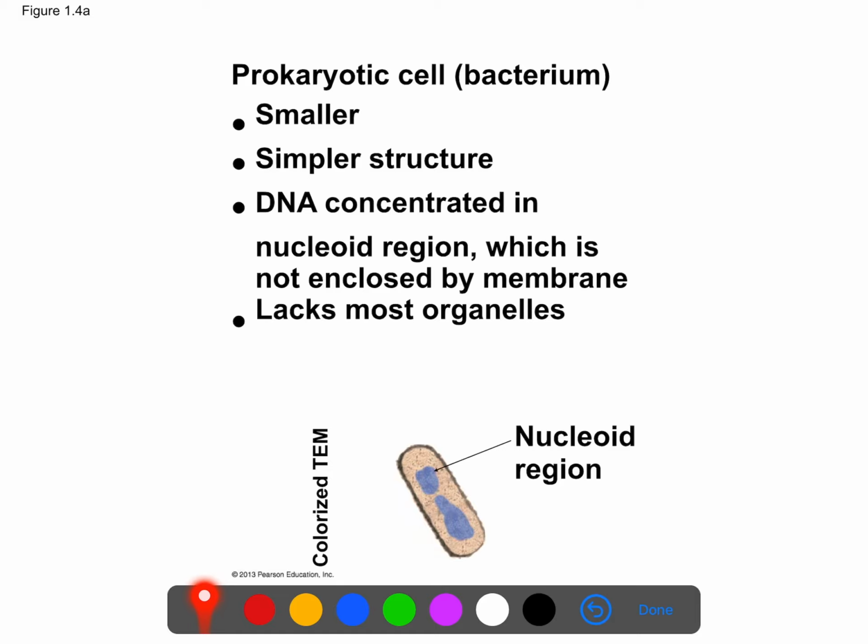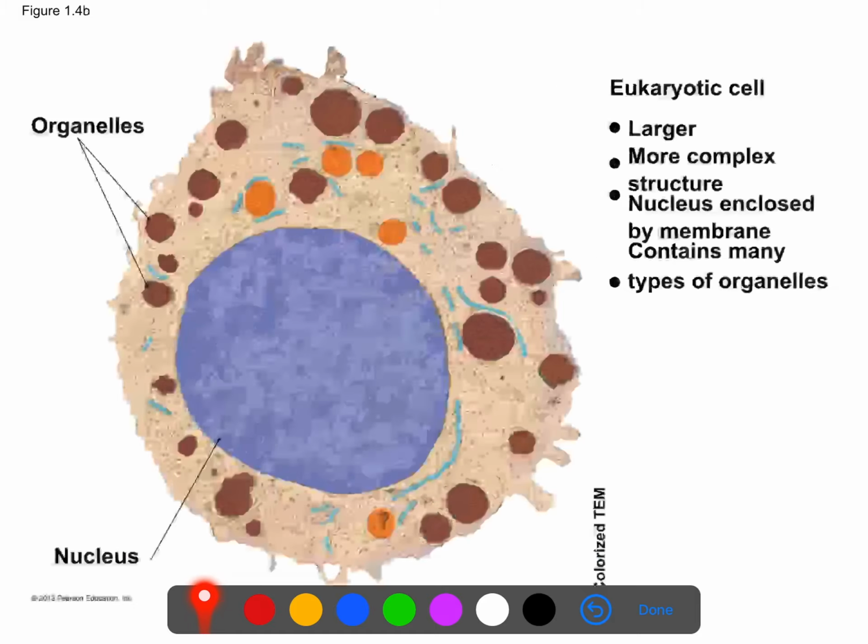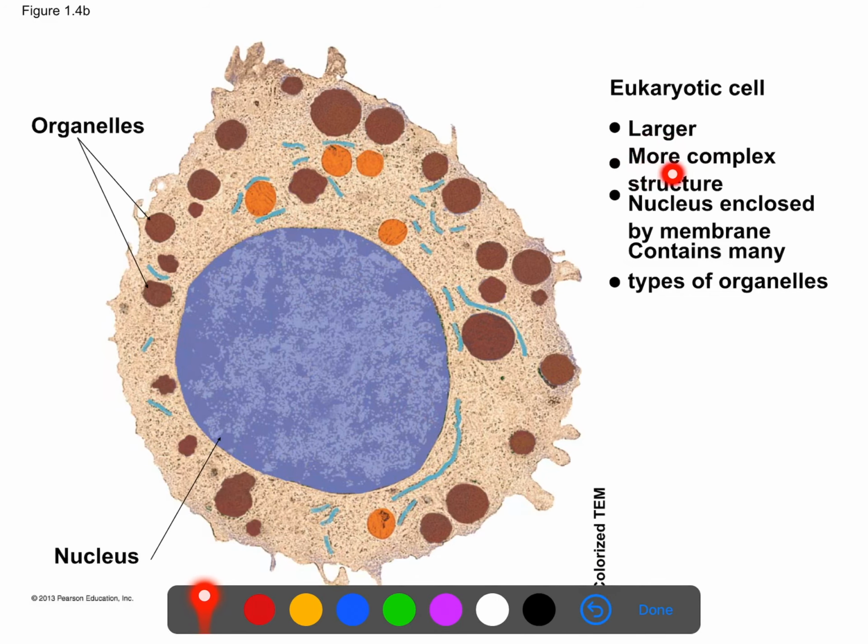It is still kept fairly organized. Eukaryotic cells are larger, more complex. They have a membrane-bound nucleus that contains their DNA, and they have lots of different types of organelles doing different things. But usually each organelle is going to have a specialized task.